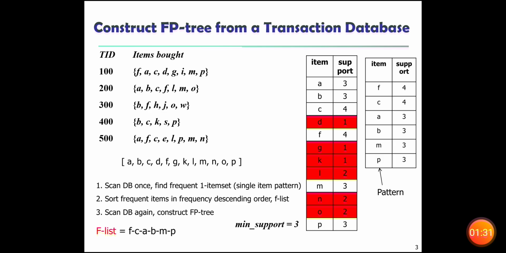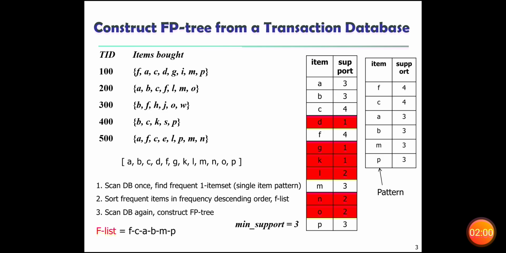For example, transaction ID 100 has items F, A, C, D, G, I, M, P. Transaction ID 200 has items A, B, C, F, L, M, O. Same way, transaction ID 300 has B, F, H, J, O, W.